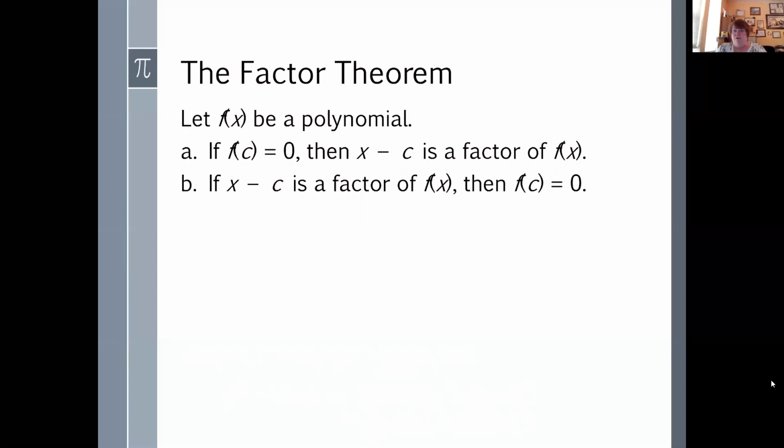So if you evaluate a function at c and you get 0, then x minus c is a factor of that function. Conversely, if x minus c is a factor, then when you evaluate f at c, you have to get 0. And we can use this to solve a polynomial equation using synthetic division.